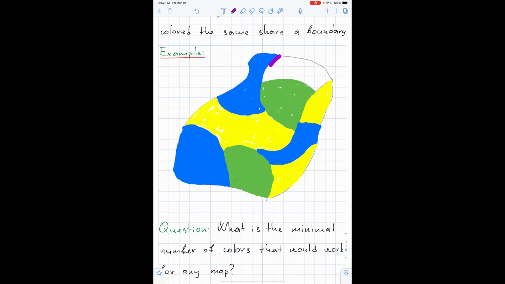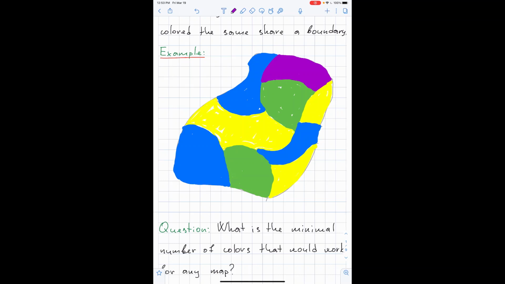So this one is going to be purple. So now we got a nice map colored in such a way that no two countries that share a boundary are colored the same way.